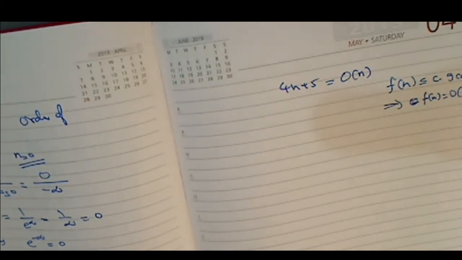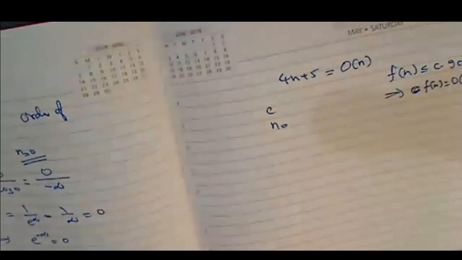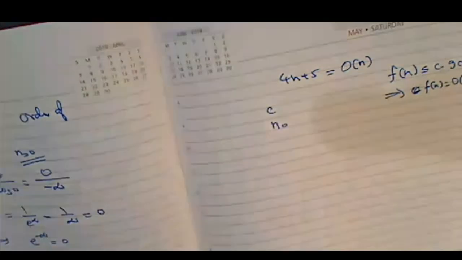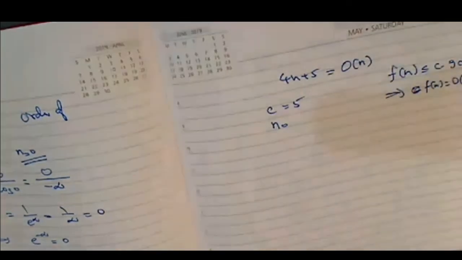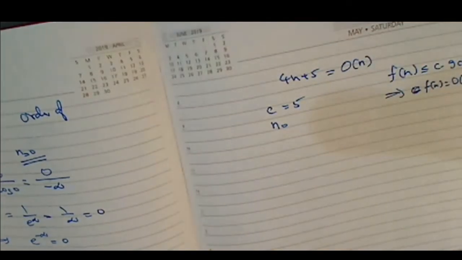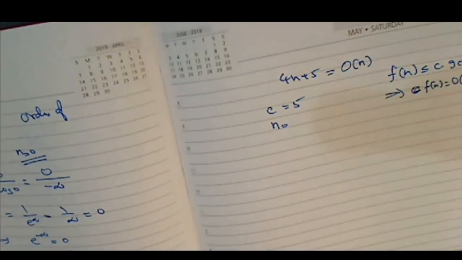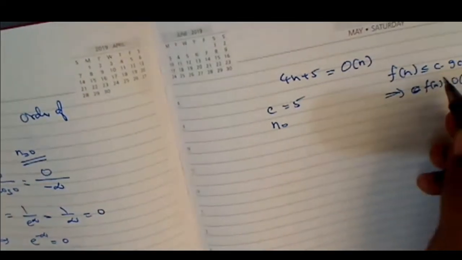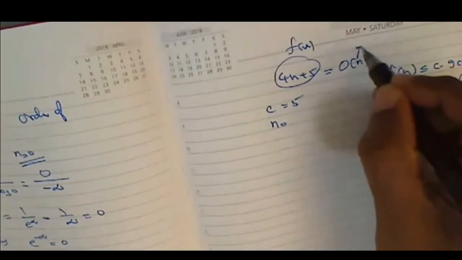That is very important. If I say this, then I want two constants: one is c, the other is n naught. c belongs to the real numbers and n naught belongs to the natural numbers. So we have to find these two, right? I can take something like 5. There exists at least one value that should be there. I'm taking c equal to 5. According to this definition, c into g of n, this is our f of n and this is our g of n.